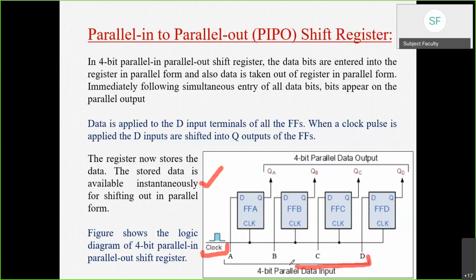A, B, C, D are the data inputs. You can observe A is connected to the D input of flip-flop A, B is the input to flip-flop B, similarly C is the input to flip-flop C and D is the input to flip-flop D.